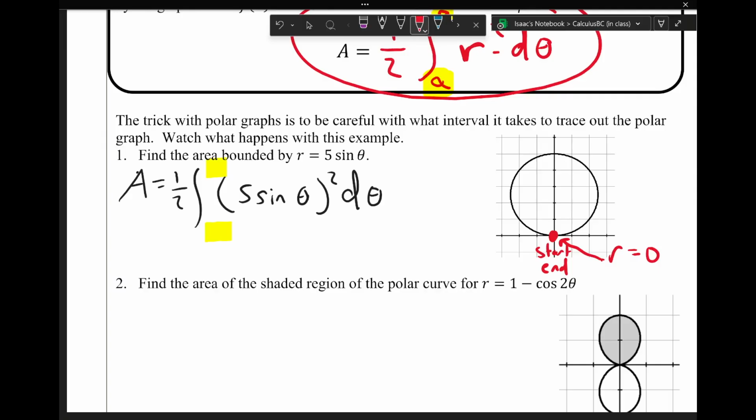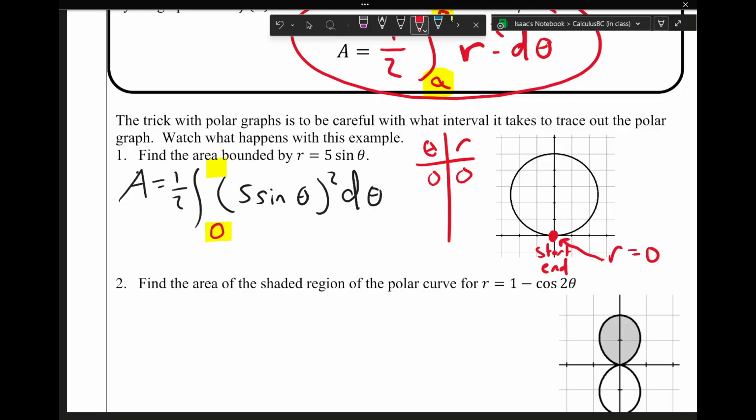So what we could do is, like when we have to make a graph, we could do a table and try plugging in 0. What's the sine of 0? Times 5 is 0. So to me this sounds like we might be starting at 0 radians, but then I have to figure out how far I have to go before I get back to r being 0.